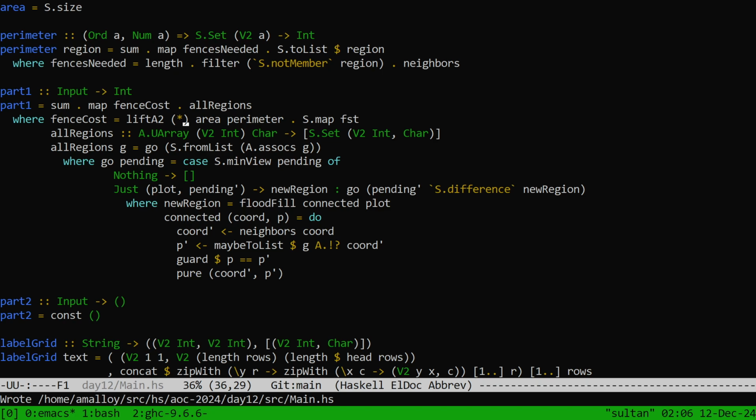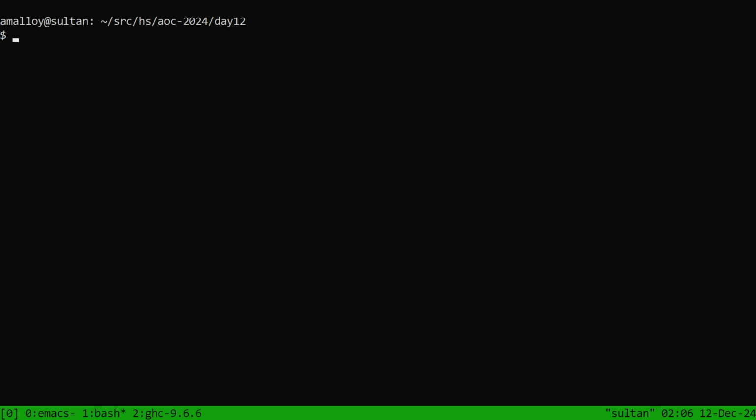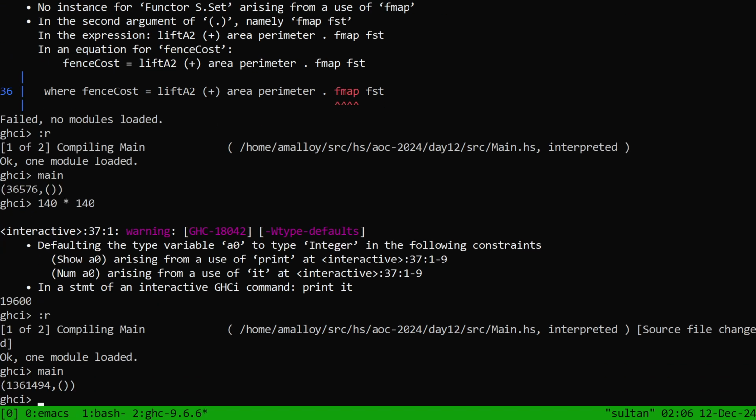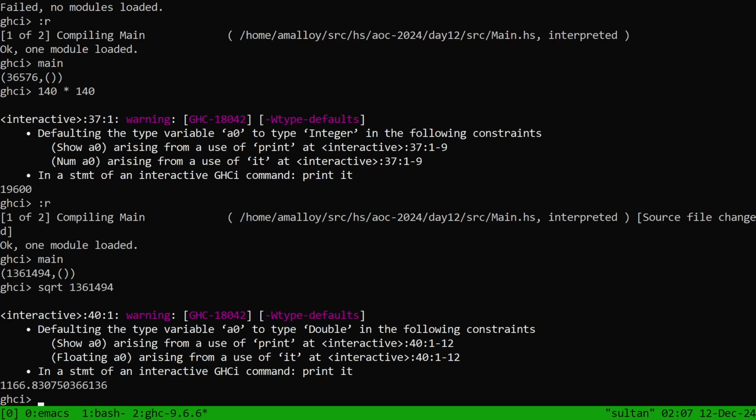So let's try that again. No. That's a much bigger number. What is the square root of this? 1166. Is that even... Why did I ask that question? I'm not sure.